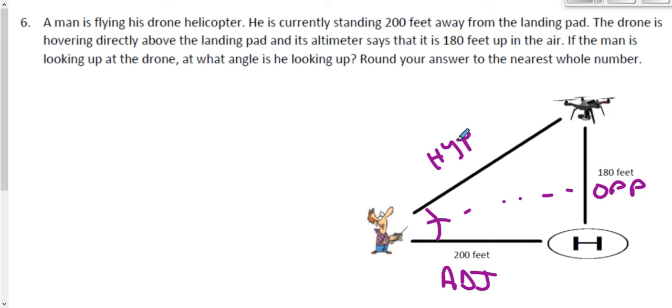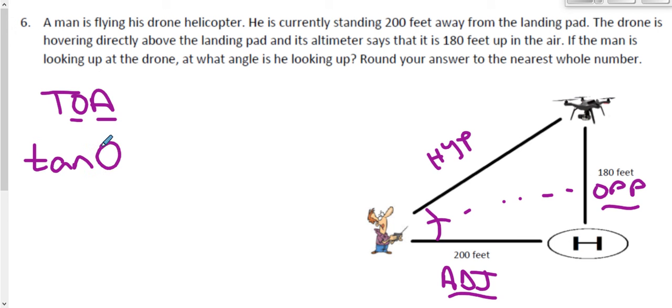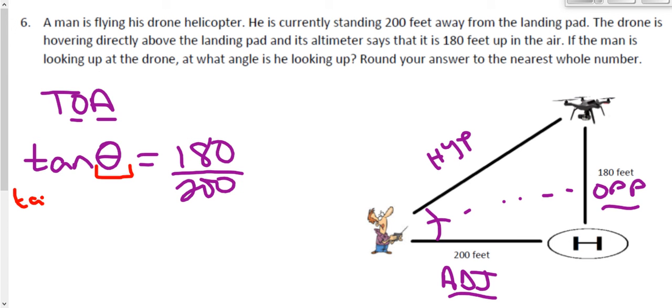Now we have the opposite and the adjacent. That's going to be tangent. Tangent has opposite and adjacent. So let's set up our function. We have the tangent of the angle, which we don't know. I'm going to go ahead and call it theta. You can name it whatever you want. And it's the opposite divided by the adjacent. So again, I have to undo tangent in order to get this theta by itself. And I'm going to undo tangent with its inverse, which is that -1 symbol.